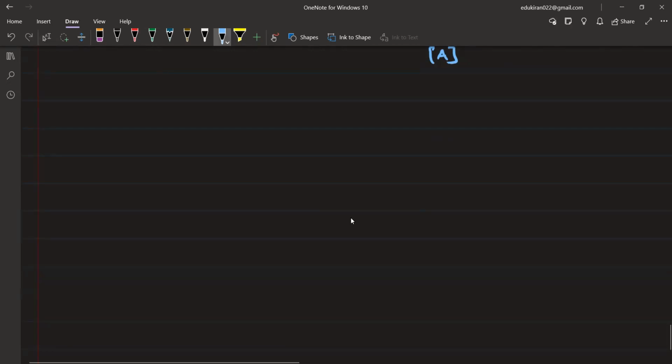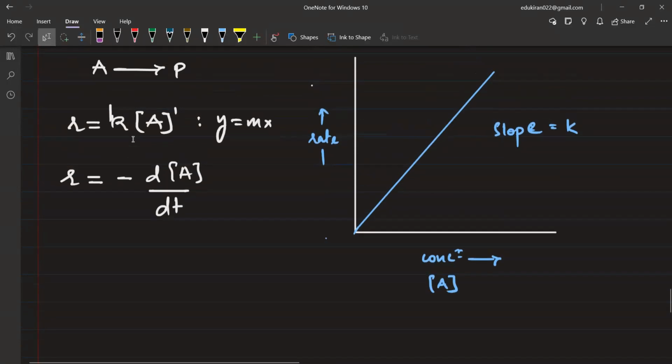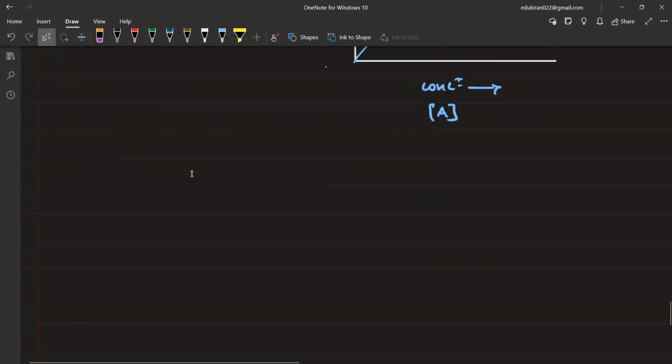Now express the rate constant. These are the two things: R is equal to K into A, R is equal to minus d of A upon dt. So we'll equate both of these. We will be having minus d of the concentration of A upon dt. This is the rate that we get after doing the experiment.